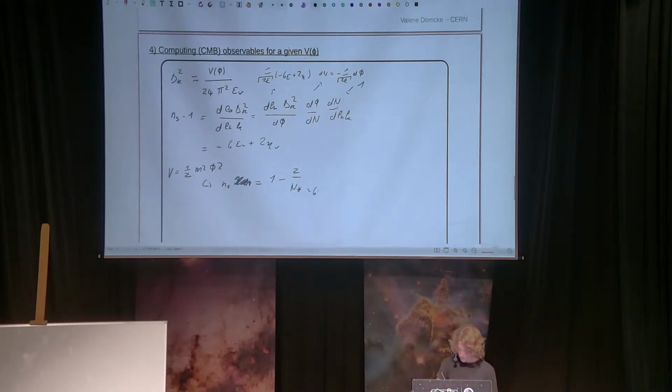So if we say this is about 60, then we have a prediction for ns, which is 0.97. So this is slightly larger than the observed value.